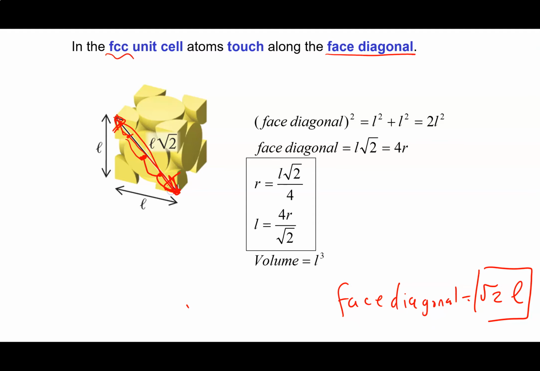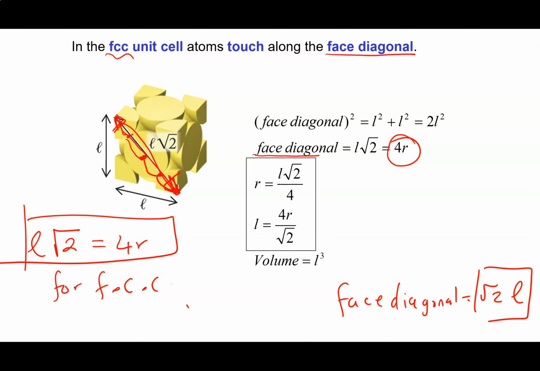And the fourth radius takes us to the other corner. So another way of expressing the length of the face diagonal is to say that it is equal to 4 times the radius of our atom. And so there's our relationship. Root 2 times the length is equal to 4r for face-centered cubic. All right, that's how those guys are related.